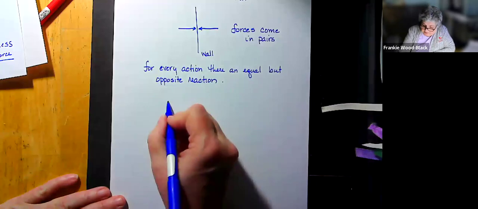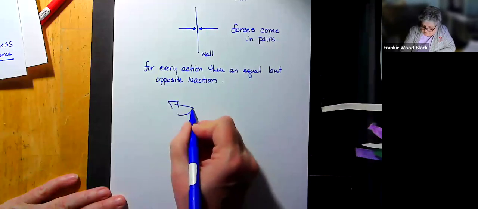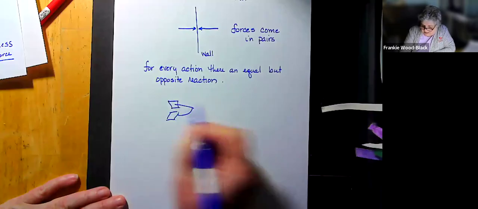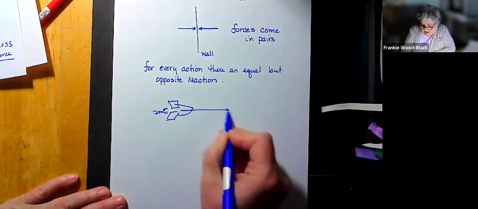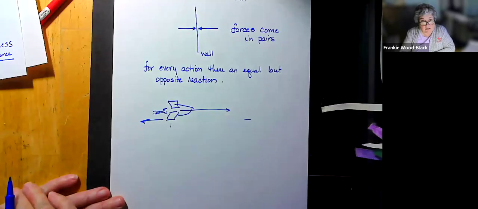And we know this for a fact because if I have a rocket, right? My rocket has got the flames coming out the back. The rocket's going this way and my flames are going that way, and that's what's actually pushing my rocket to go forward. So we know that that happens.